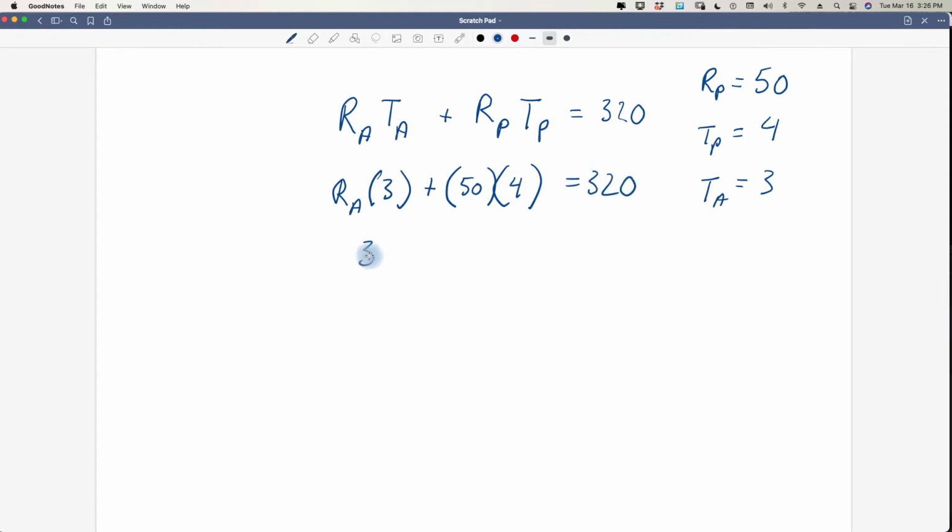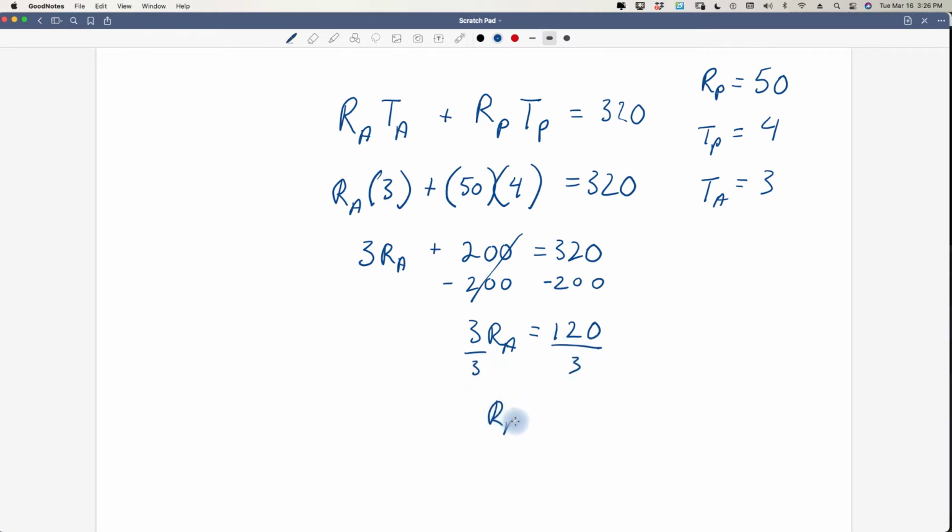So we're left with 3 times the rate of Anne plus 200 equals 320. We're going to swim some fish, and that's going to give us 3 times the rate of Anne equals 120. So now all we have to do is divide both sides by 3, and the rate of Anne is 40.